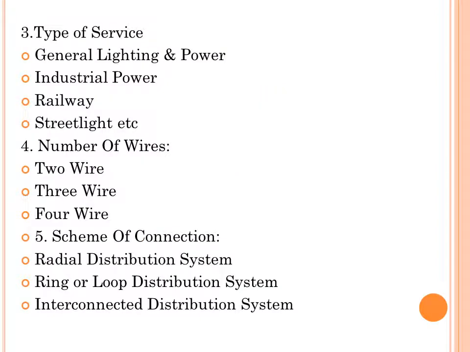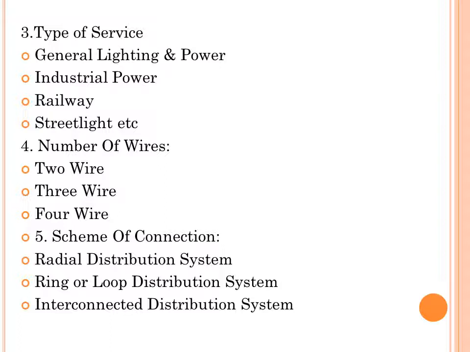Then according to type of service, whether it is applicable for general lighting purpose and power purpose, industrial power purpose, railways, street lighting, etc. And it is also classified according to number of wires, that is 2 wire, 3 wire and 4 wire systems. 2 wire and 3 wire systems are applicable for both AC and DC distribution systems, and 4 wire system is applicable for AC distribution system.